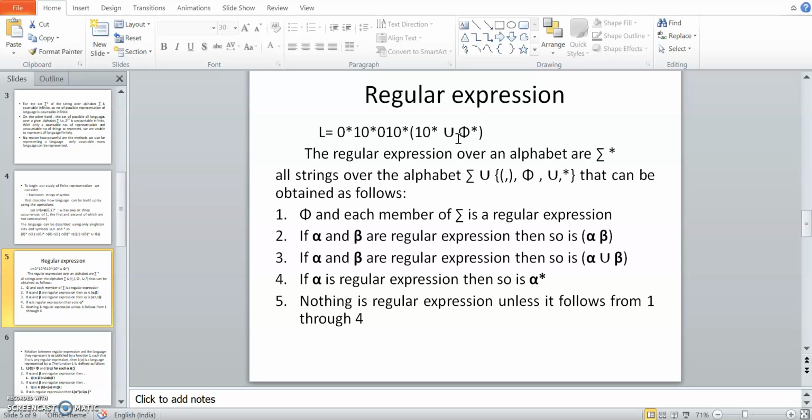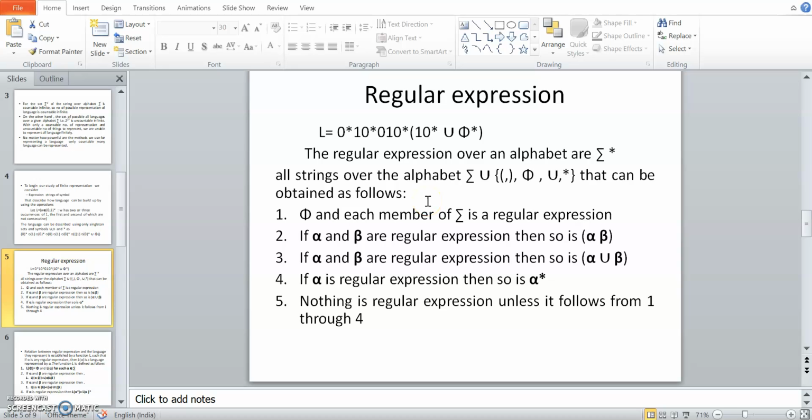So what do we mean by regular expression? The regular expressions over an alphabet set sigma are the strings over the alphabet sigma union a set of symbols like parentheses, theta, union, star, that can be obtained as follows.